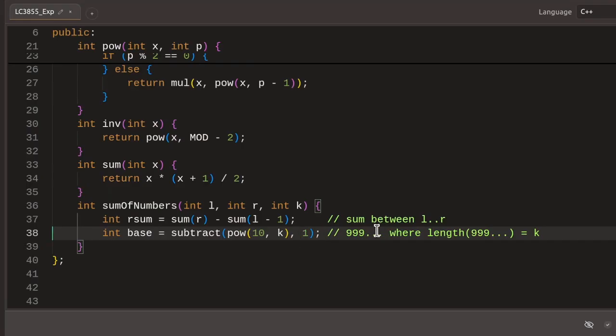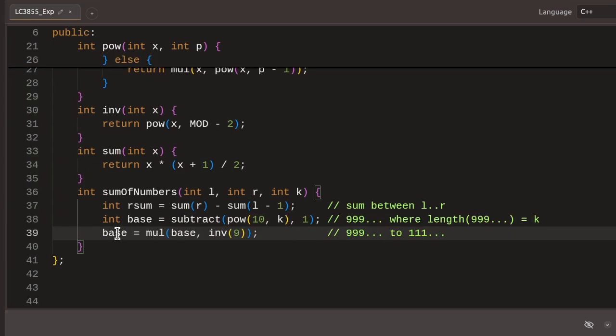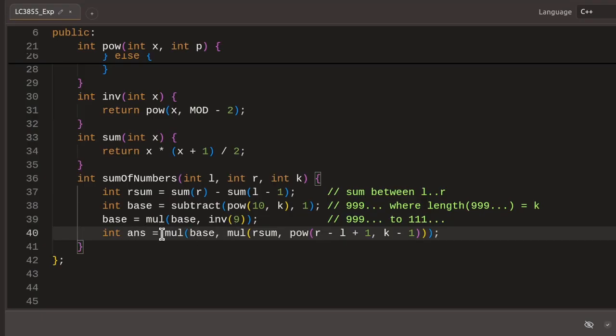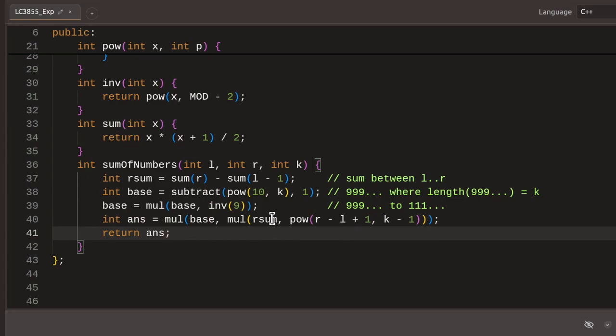The base right now is 999, which is 9 repeated k times, but we want 1 repeated k times. So what we do is divide by 9. 999 divided by 9 will be 111. Then the total answer is the base multiplied by the R sum, and then again we need to consider the permutation of the remaining k values, and each of them can have R minus L plus 1 different variations, and finally we just return the answer.